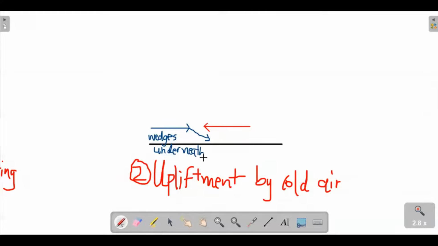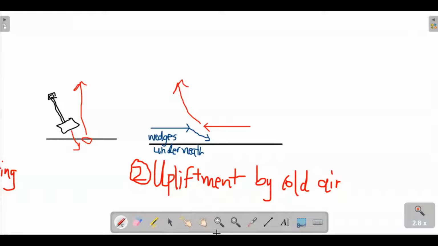That means that it basically moves just below the warm air, and hence by doing that, it pushes the warm air to rise up. So it's sort of like a shovel. When you are digging in the ground, you take that soil and you go underneath, so the shovel goes underneath and the soil goes upwards, like that.